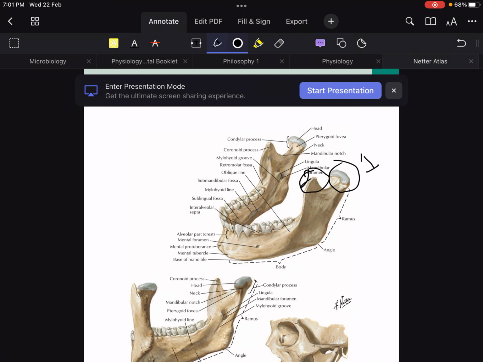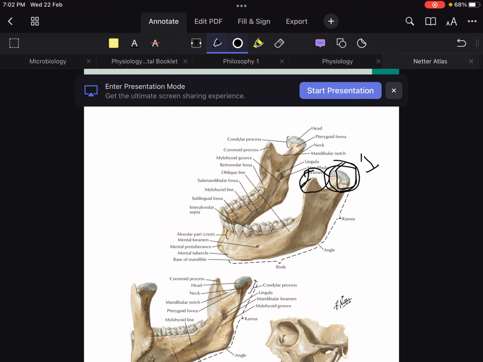Do you remember the mandibular fossa that I showed you in the temporal bone, that I told you the mandible is going to be fixed to the temporal bone through this fossa? The condylar process of the mandible will attach to the mandibular fossa.